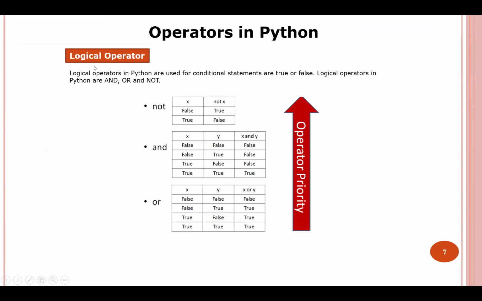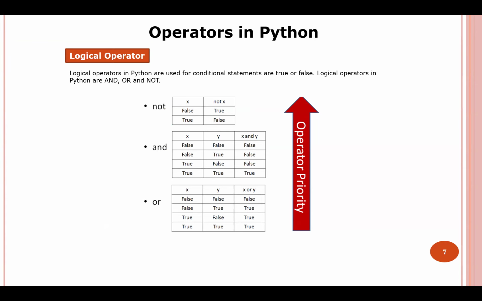This is called the logical operator, and it is very useful because sometimes when I give you a program, for example there is one circle, and I ask you when the area is greater than 100 and the perimeter is greater than some value, then we can say this is a win-win situation.